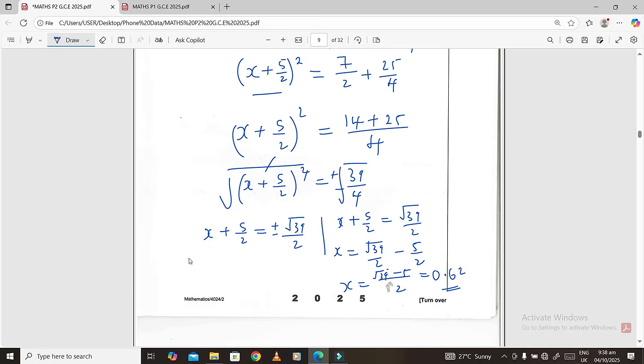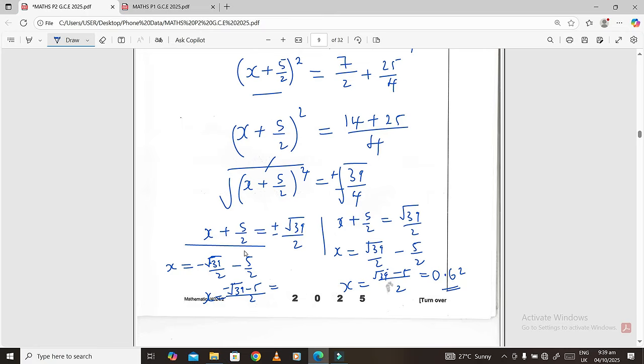Okay, the other equation, we can say x is equal to negative square root of 39 over 2 minus 5 over 2, which will give us the lowest common denominator to be equal to 2. So x is equal to negative square root of 39 minus 5, over 2.